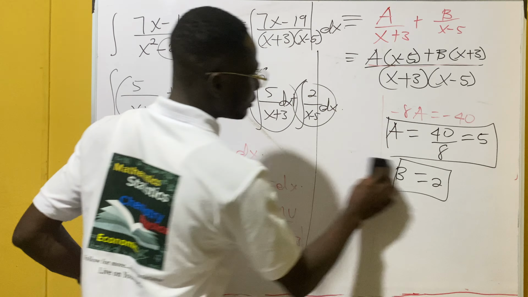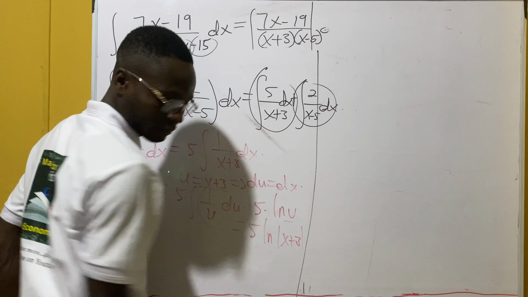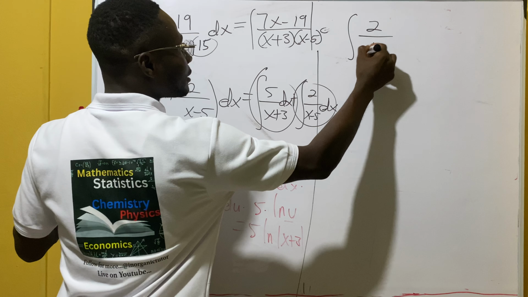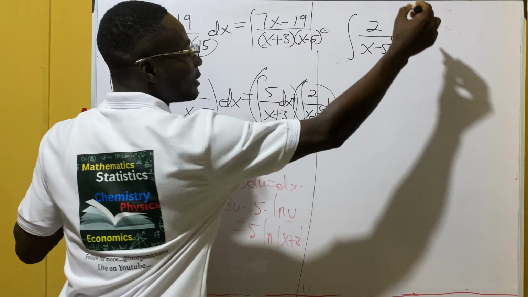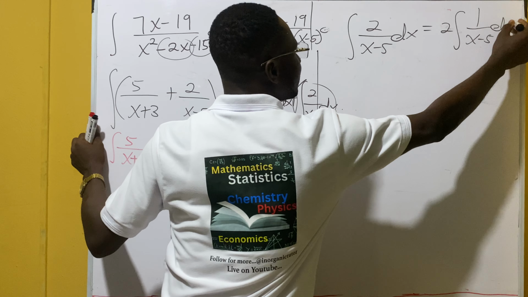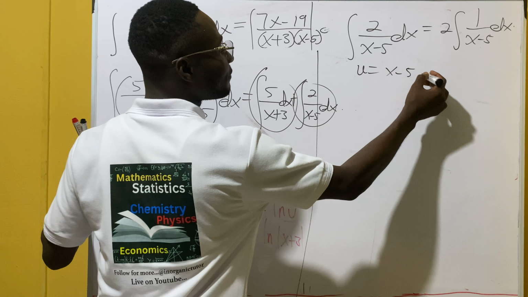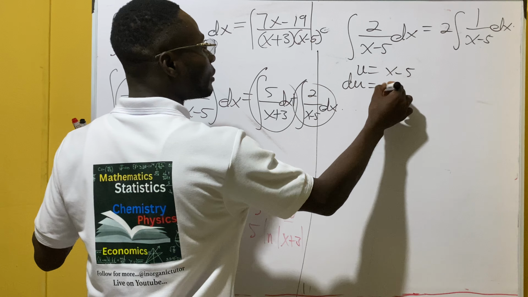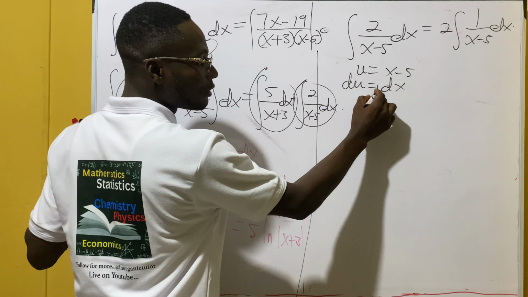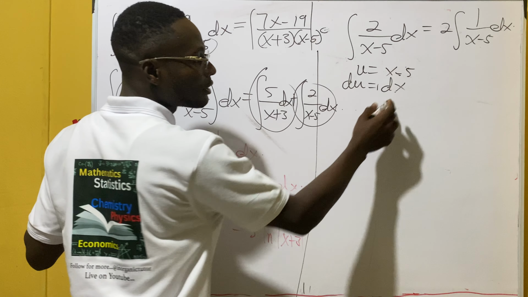So come to this as well. Right here, the integral of 2 on x minus 5 dx is the same as 2 integral of 1 on x minus 5 dx. The same way, u should be equal to x minus 5. Then we can say that du is equal to dx, because when you differentiate this, you have 1 dx, and the derivative of any constant is 0.